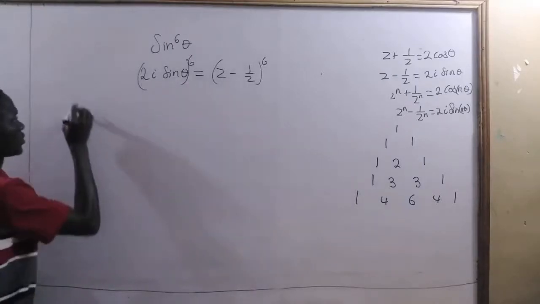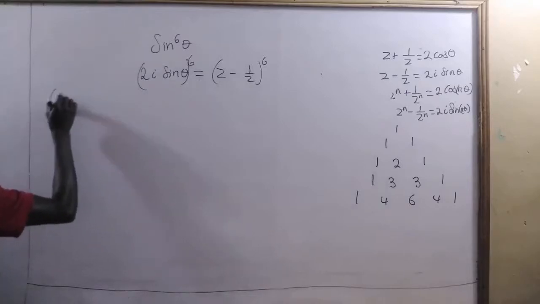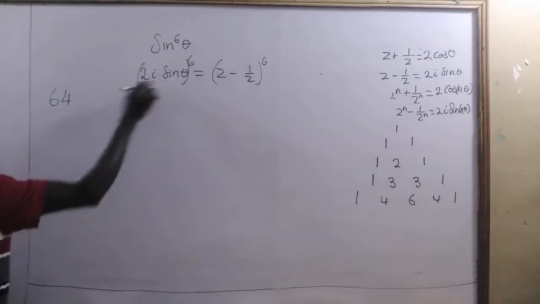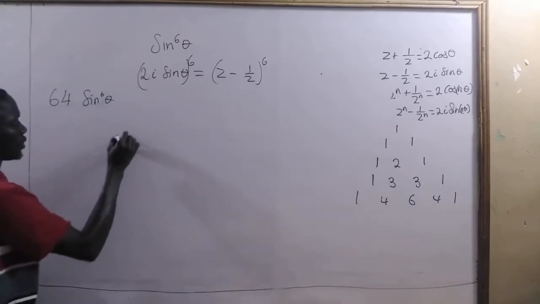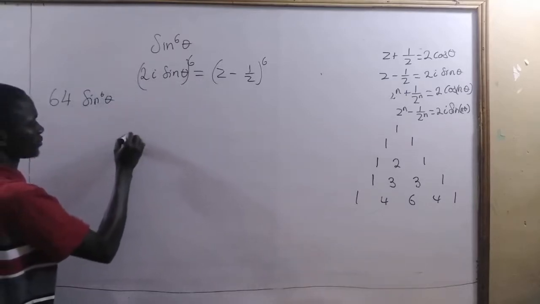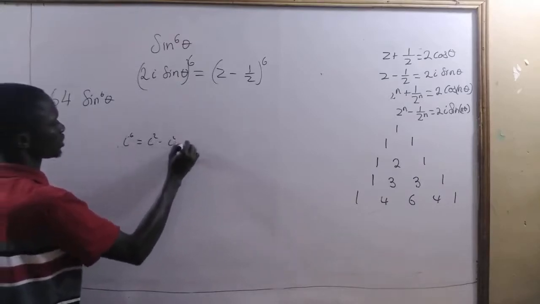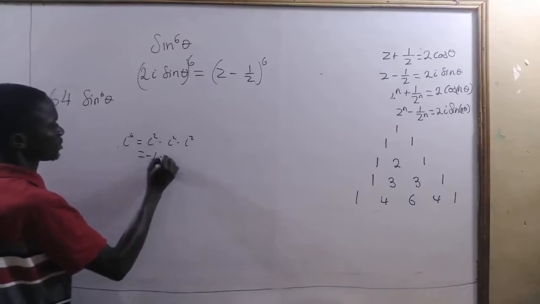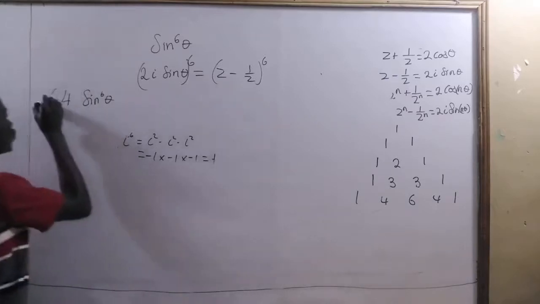And this one, we are going to have 2 to the power 6, that is 64, then sine to the power 6 of theta. Then what is i to the power 6? This is i squared times i squared times i squared. That is negative 1 times negative 1 times negative 1. That is negative 1. So we bring negative here.